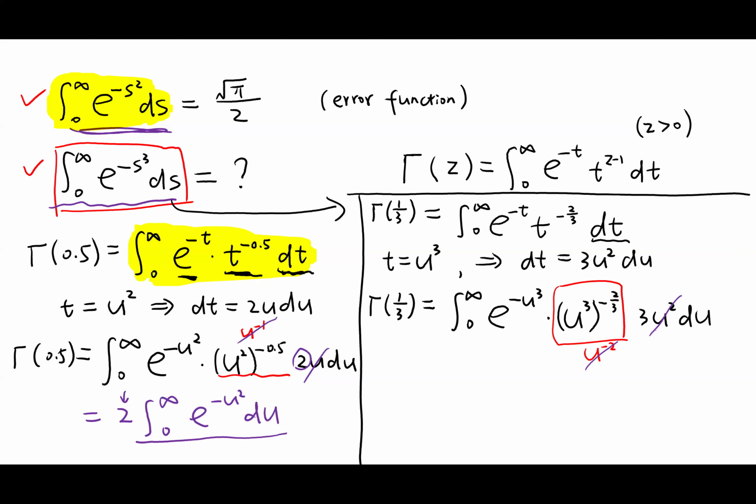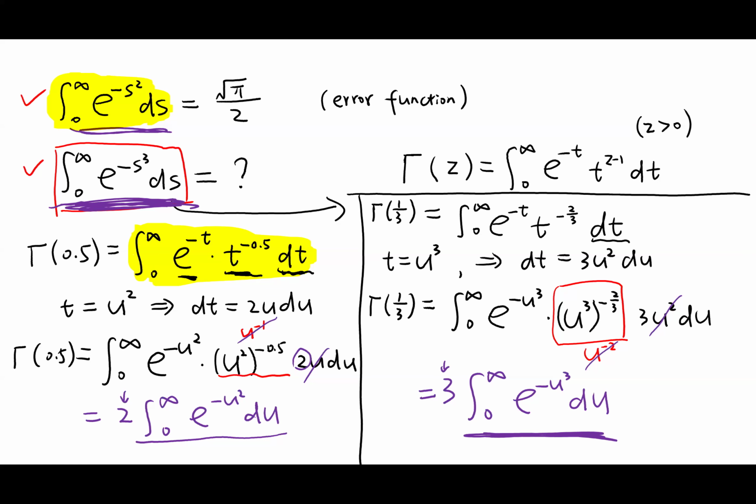So what you end up with is 3 times the integral from 0 to infinity of e to the power of negative u cubed du, okay? So now look at this, and then look at this. They are exactly the same, except you have this 3 in the front.